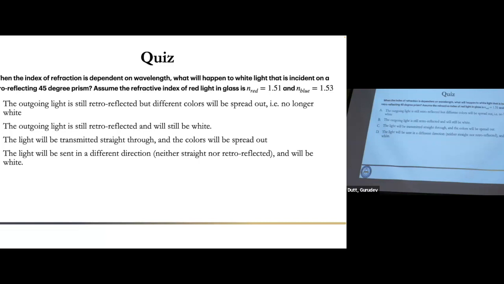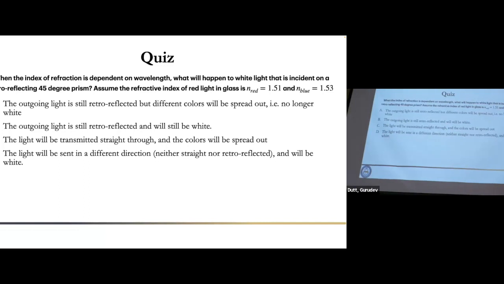Remember, we talked about the 45-degree prism and how we can make a retro-reflector from it. I will just say that the refractive index of red light in the glass is 1.51 and blue is 1.53. So the question for you is: is the outgoing light still retro-reflected, but the different colors spread out, so the beam coming backward will no longer be white?